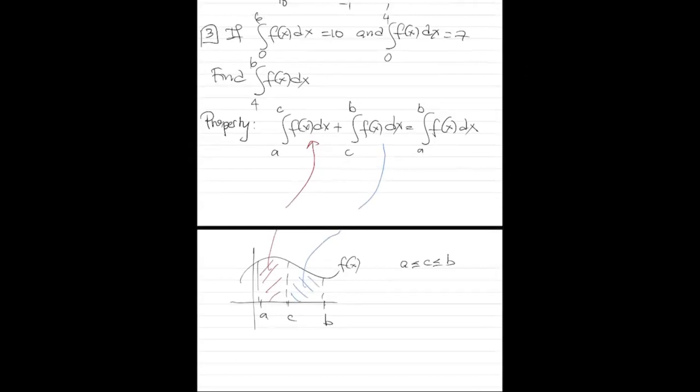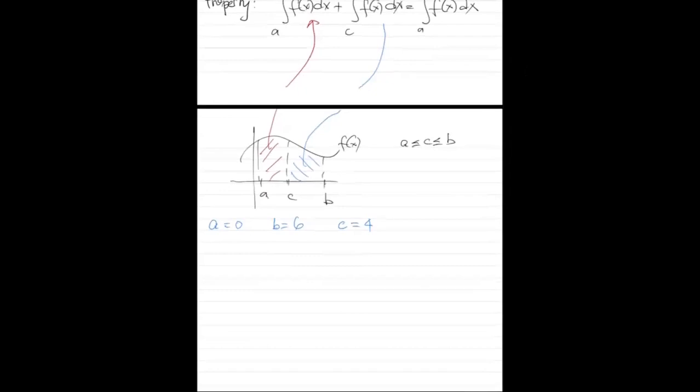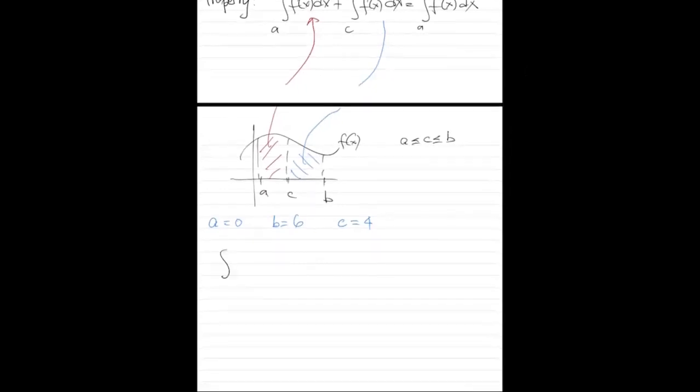In our problem, a equals 0. That's the beginning of our interval. b is 6, and c, that's between them, is 4. So I can write down this property: the integral of f of x dx from 0 to 4, plus the integral from 4 to 6, is equal to the integral from 0 to 6.